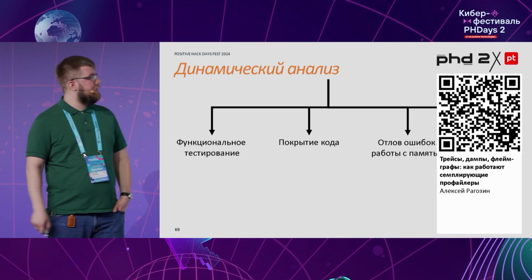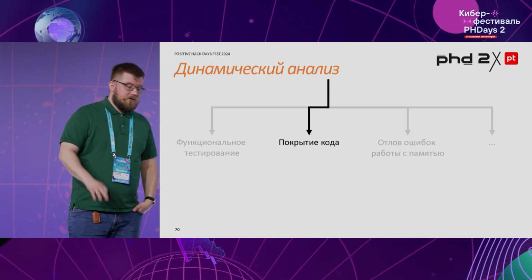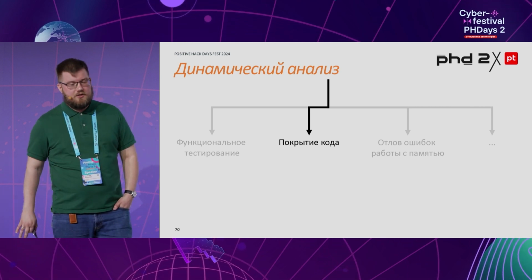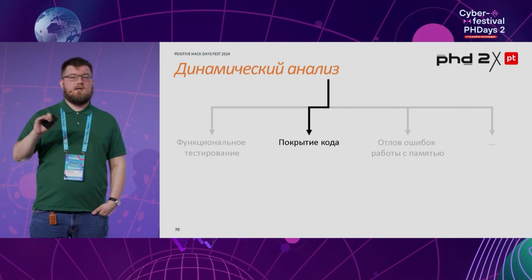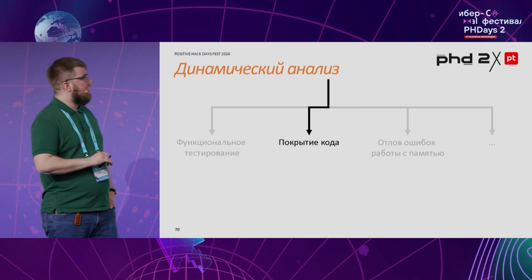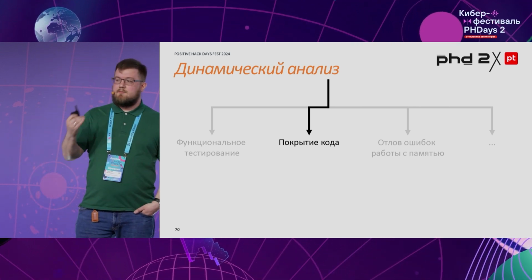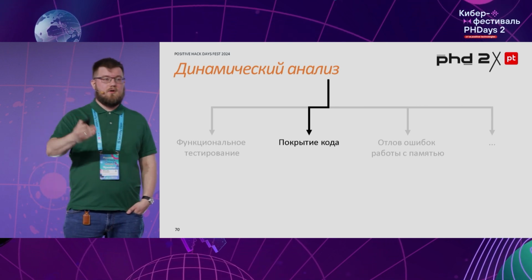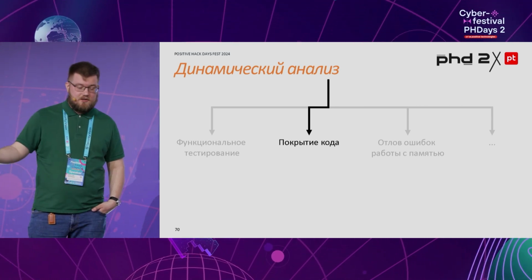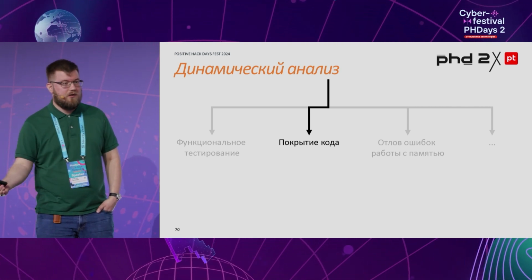But now we are interested in this component, code coverage. Many of you did coverage testing, and probably you understand what it means. We need to understand which lines of our code were truly covered. We want this information to be able to differentiate between the code behaviors. If our parser starts with an invalid HTML, we'll see an error.